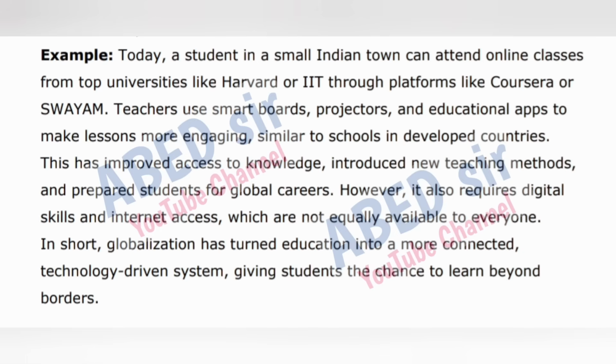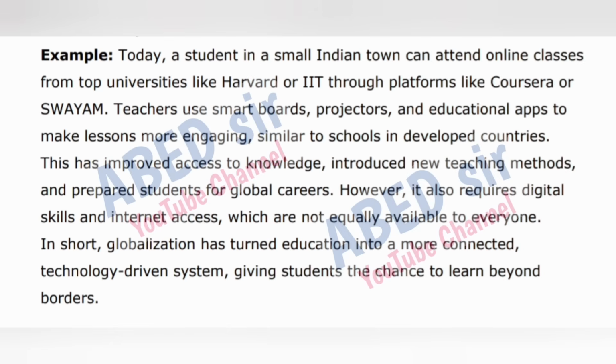Example: today, a student in a small Indian town can attend online classes from top universities like Harvard or IIT through platforms like Coursera or Swayam. Teachers use smart boards, projectors, and educational apps to make lessons more engaging, similar to schools in developed countries.